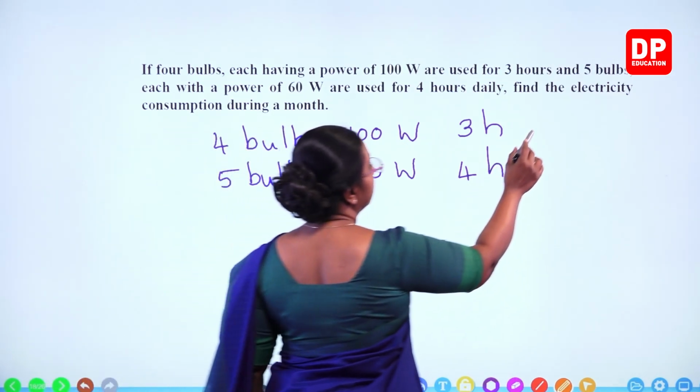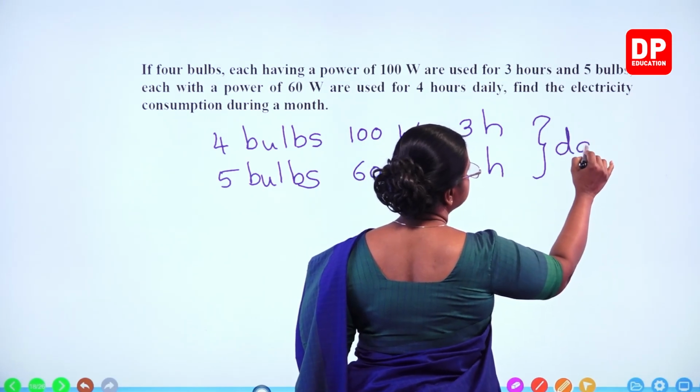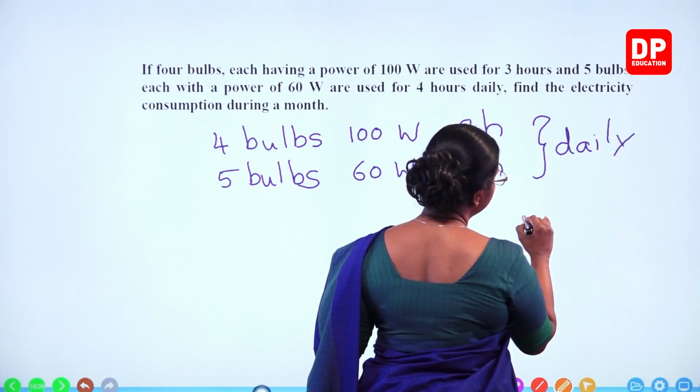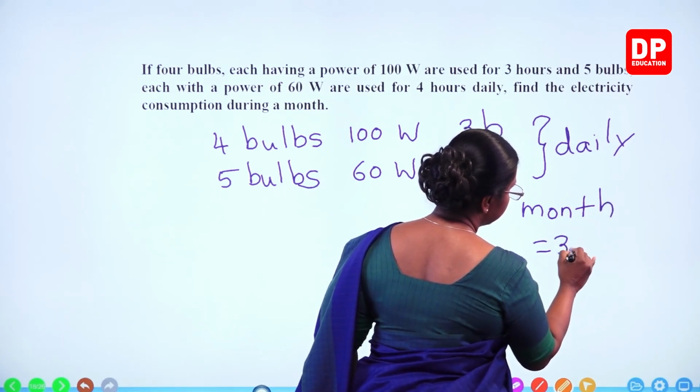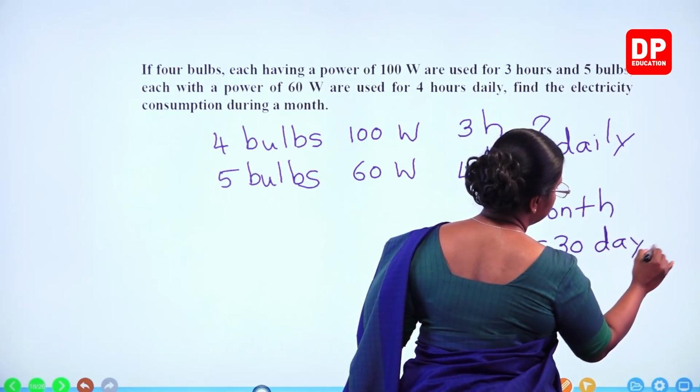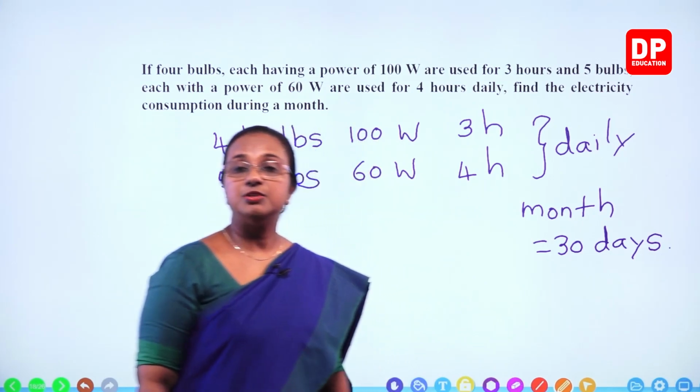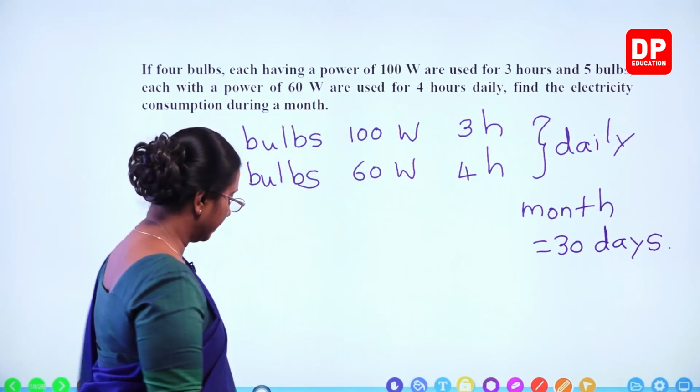Now this is daily, and when we say month, we consider it as 30 days. We need to calculate it for 30 days.